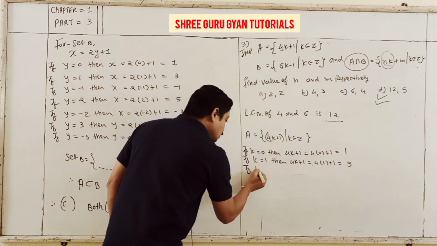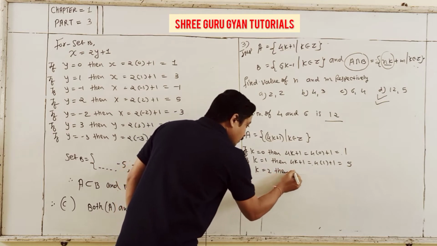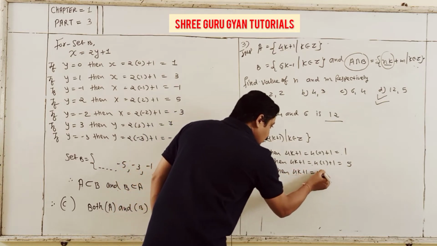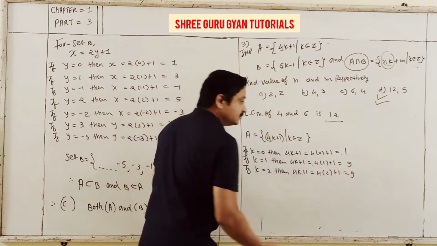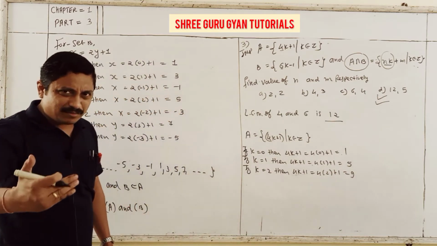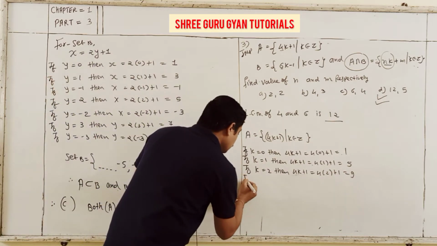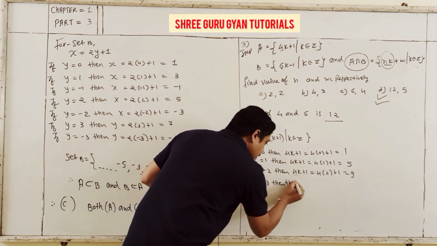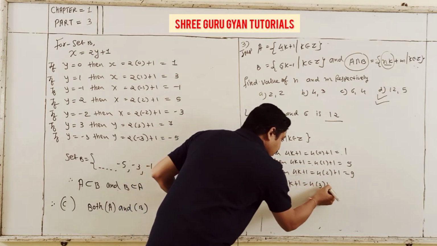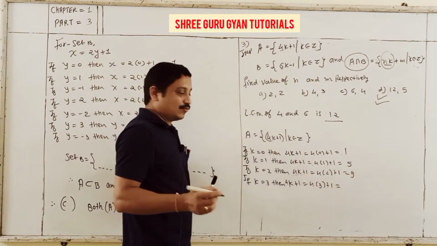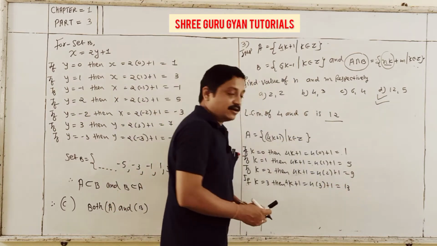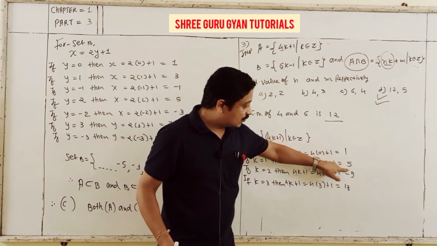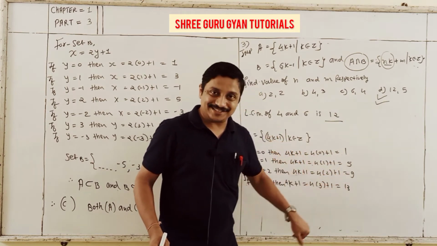Now if k is 2, 4k + 1 is 4 × 2 + 1 = 9. So which type of number is increasing here, students? If k is 3, 4k + 1 is 4 × 3 + 1 = 12 + 1 = 13. You check here every step has an increase of 4.